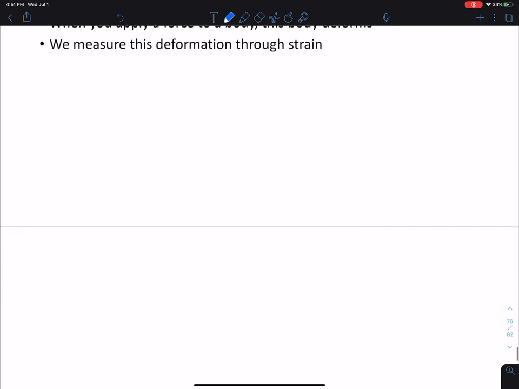Okay, but for now, we're gonna focus on normal strain, and let me see if I define that here for you. Okay, we'll define it right here. So we're gonna talk about normal strain. We have normal stress, and we also have normal strain. So normal strain, or strain in general, we assign this Greek letter epsilon. Okay, this again is elongation, and that could also mean compression, any type of elongation or compression.